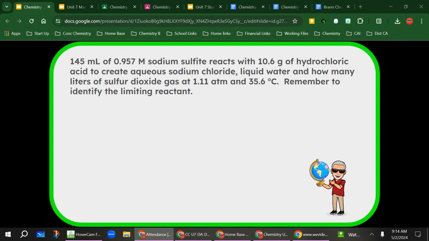Wait, so this one's making 3 reactants? Three products, not reactants, sorry. Yes. Follow the same rules on the back. Sulfate, sulfite, they have the same charge, so they should react similarly in water as well.